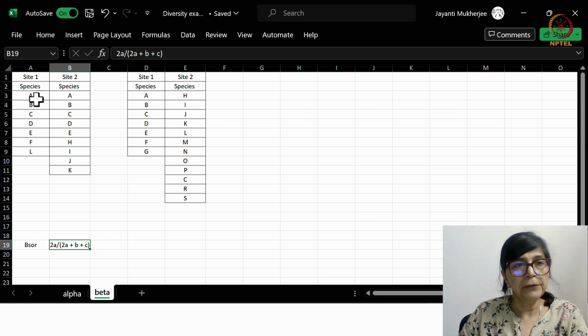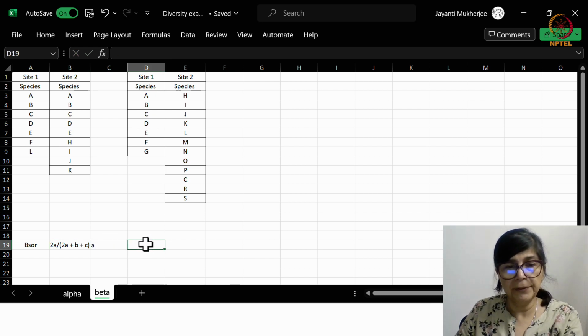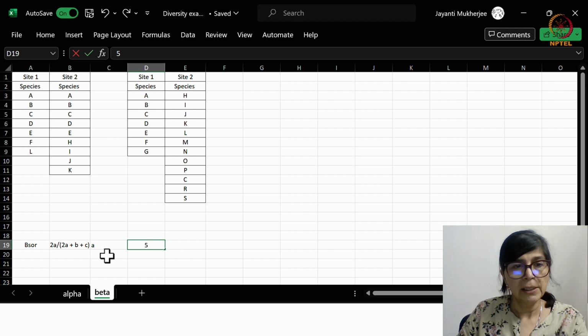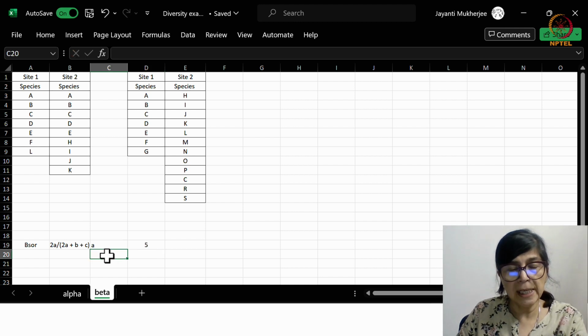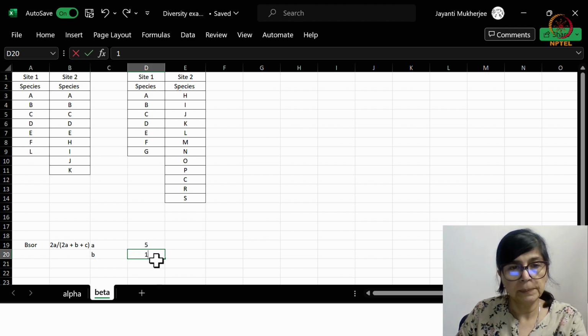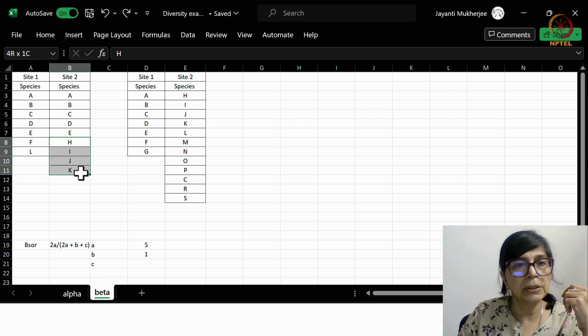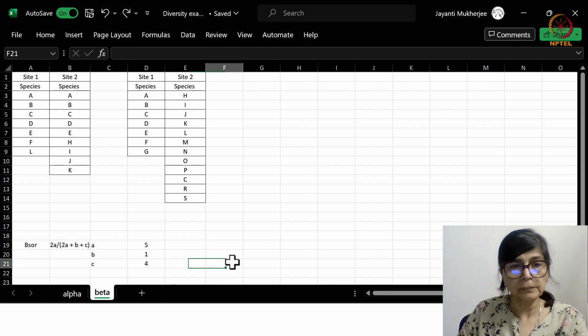So if we have A as 5, we will have B, which is the unique species for site 1, which will be just 1, and unique species for site 2 will be C, which is 4.